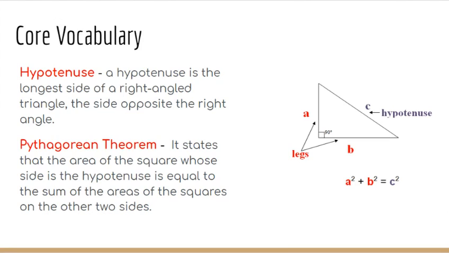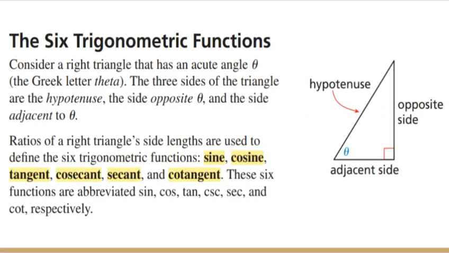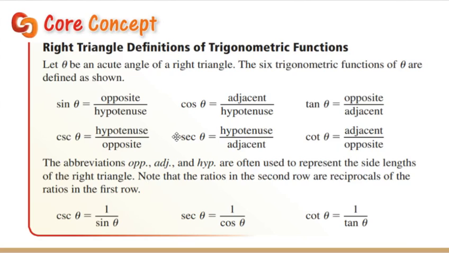Moving on, trigonometric functions. We have six trigonometric functions, namely sine, cosine, tangent, cosecant, secant, and cotangent. Now, we have here the right triangle definitions of trigonometric functions.